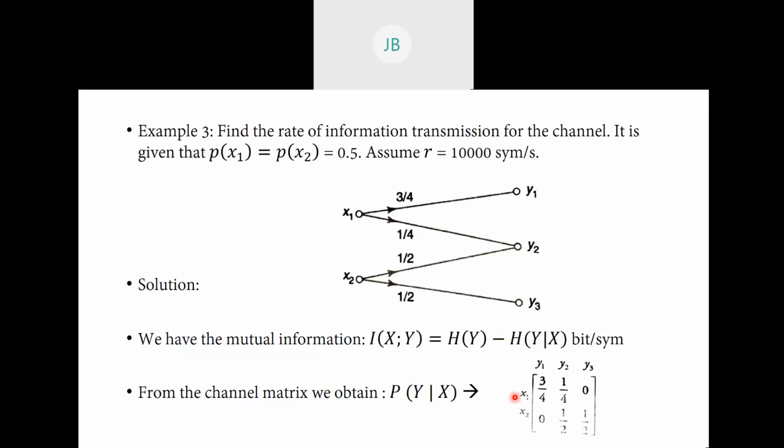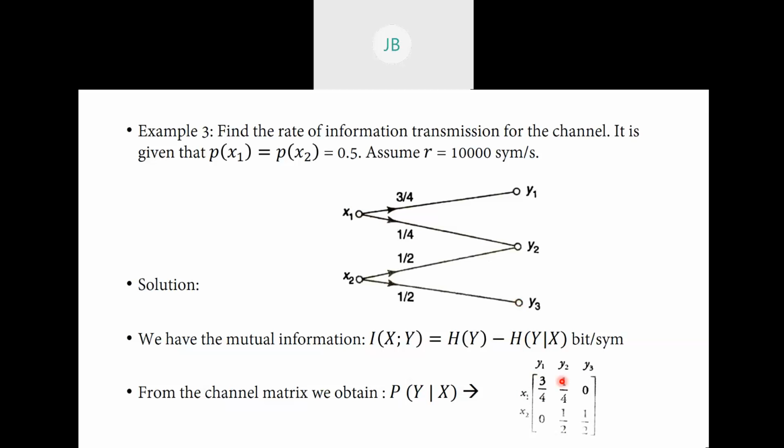For example, x1 and x2 are the two symbols here, and at the output we have y1, y2, and y3. So x1 to y1 is 3 by 4, and x1 to y2 is 1 by 4, and x1 to y3 there is nothing, so it's 0.